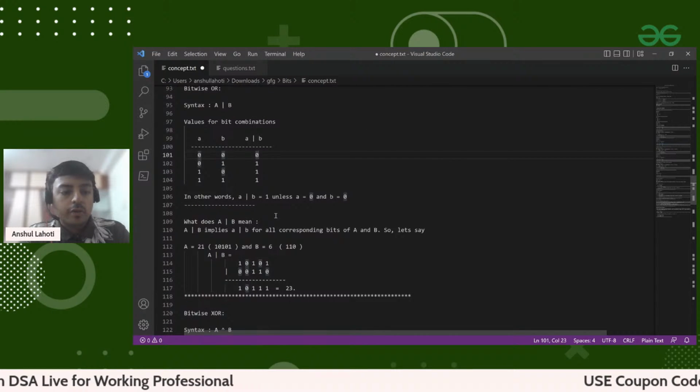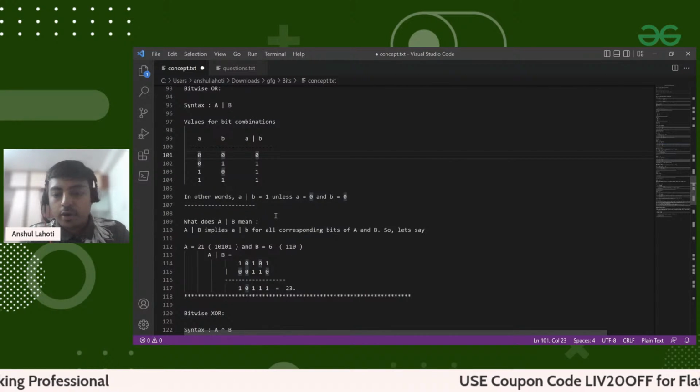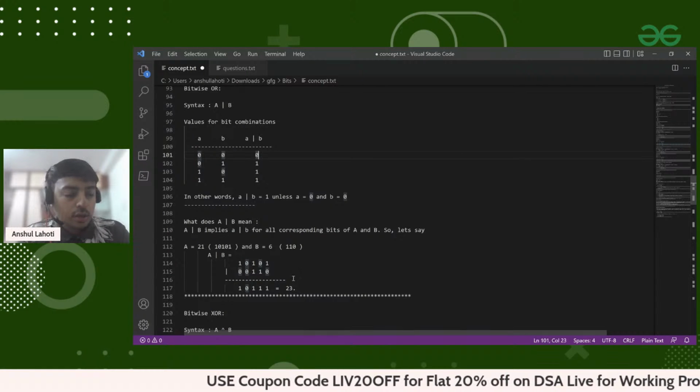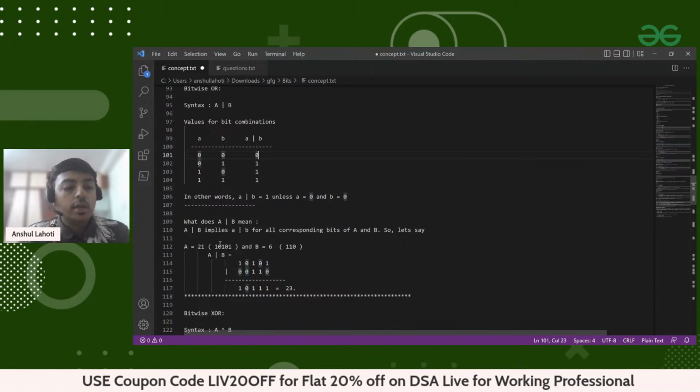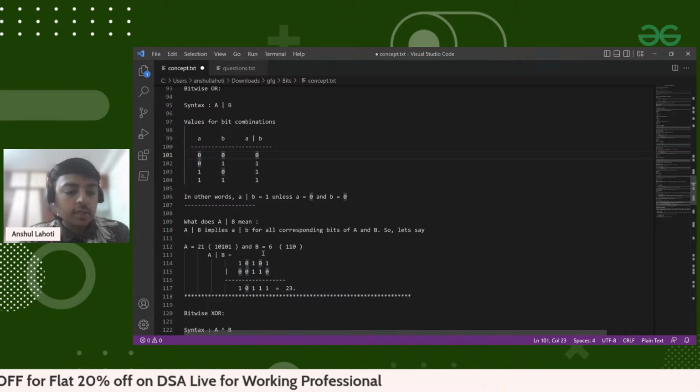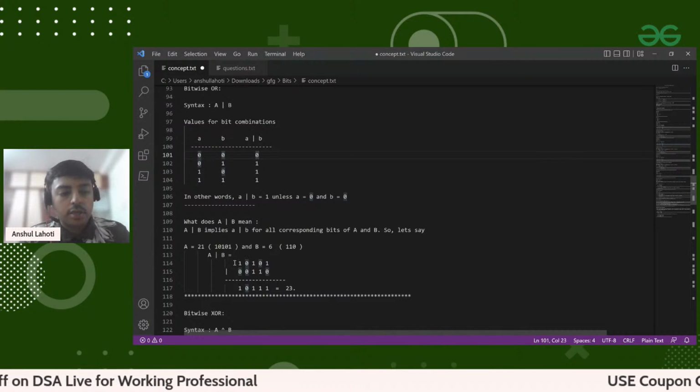We will take an example fast, so we have time to do the questions. Here A is 21, again I am taking the same example, and B is 6. The binary representation is here.